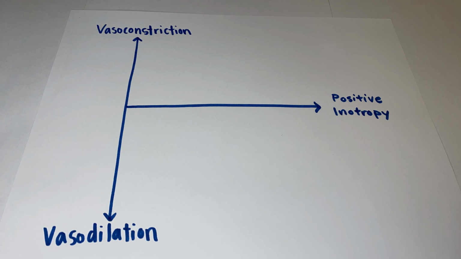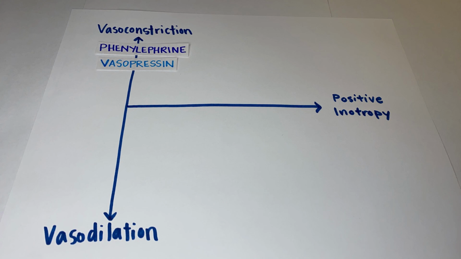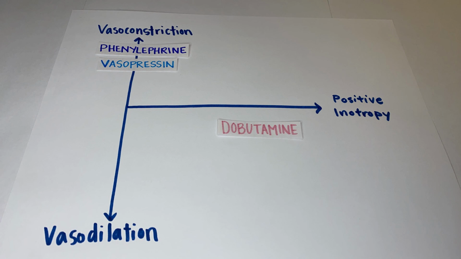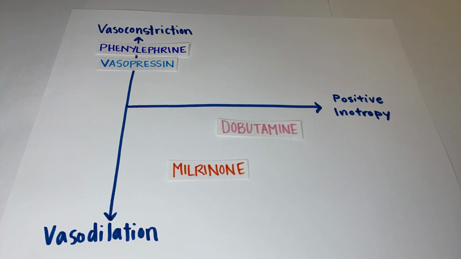Now let's classify these drugs by their relative vasoconstrictive and inotropic effects. As you might suspect, phenylephrine and vasopressin have the greatest vasoconstrictive properties. Dobutamine has powerful inotropic effects and is mildly vasodilatory. Milrinone has moderate inotropic properties, but significant vasodilatory effects.